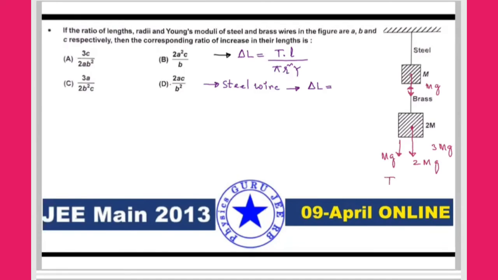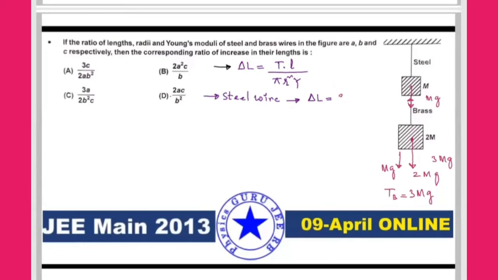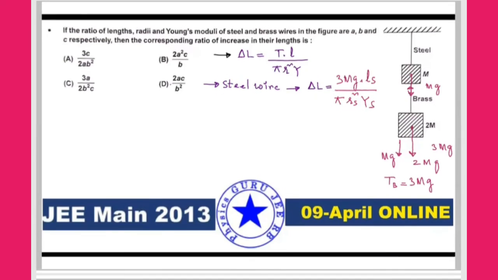So tension T in the steel wire equals mg plus 2 mg, which is 3 mg. So this is 3 mg into L, L of steel. We should be clear. And pi RS square into Y, Y of steel. I just wrote this for the steel wire.